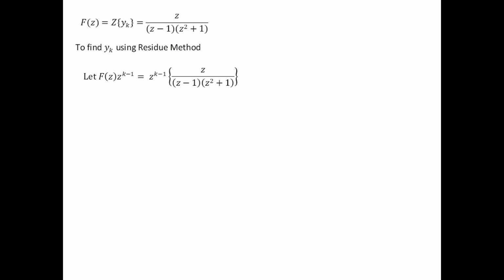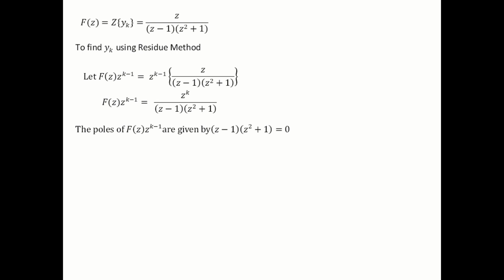Grouping z power k minus 1 into z, you will get z power k, since the minus 1 and plus 1 cancel. So you will get z power k by (z minus 1)(z square plus 1).